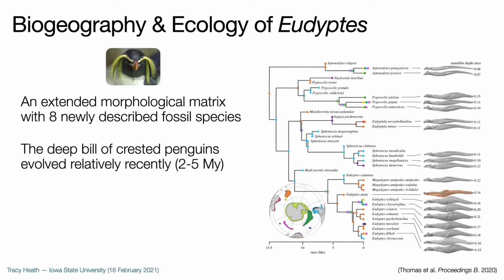What's interesting is that this bill morphology is potentially associated with the shape of the tongue. And so this has really led to more hypotheses that can be potentially better understood in terms of the functional morphology of the bill and the ecology of this genus.